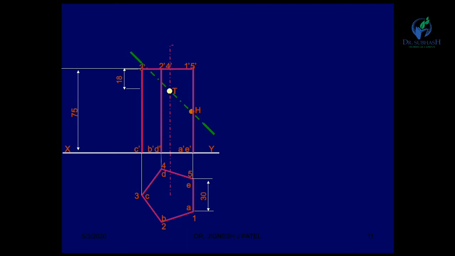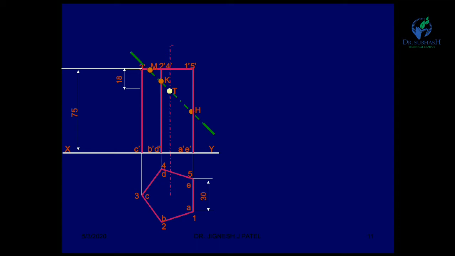Now find the intersection points. Here you can see the point H is on A-1' and E-5'. Similarly, here point K is on B-2' and D-4', and here point M is in between 2', 3' and 3', 4'.